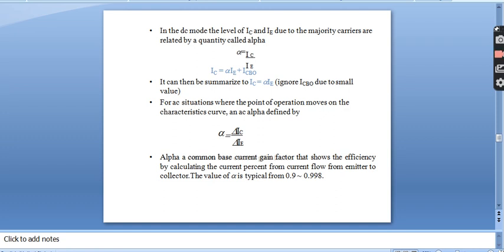This current gain is defined at DC level and AC level. In DC mode, alpha is defined as the ratio of IC current to IE current. But in AC, when we apply AC voltages, the current gain alpha is defined as the changes in collector current to the changes in emitter current.